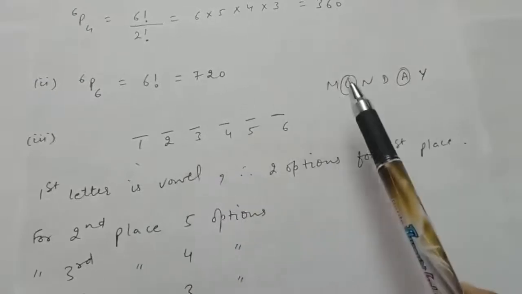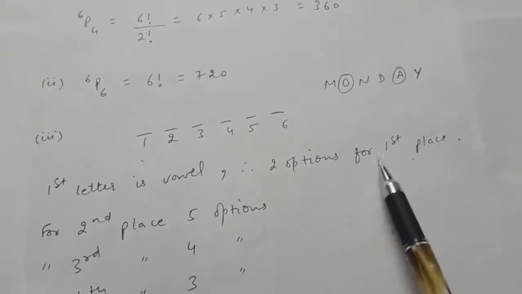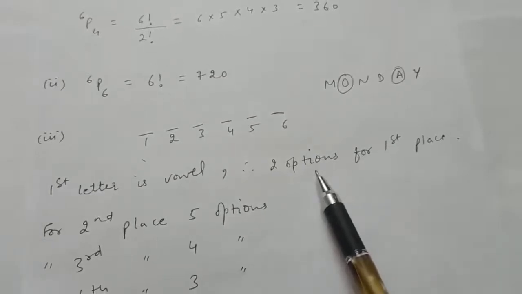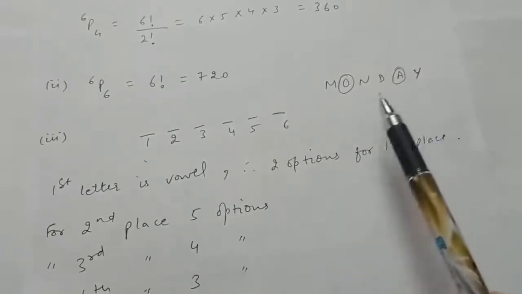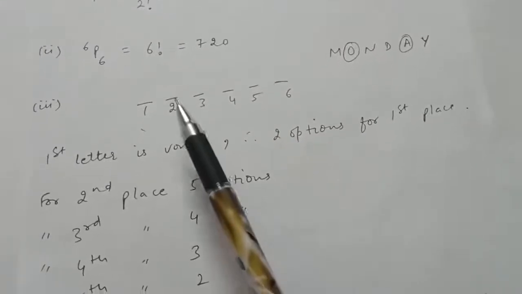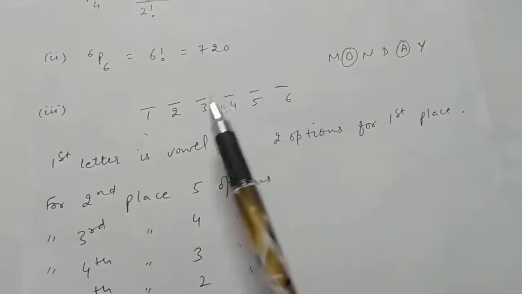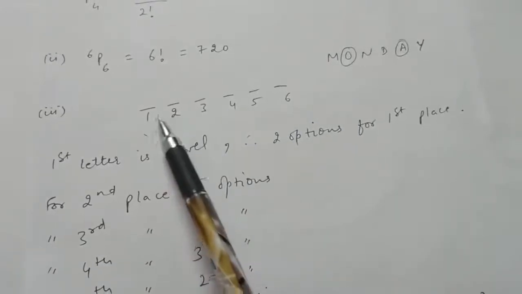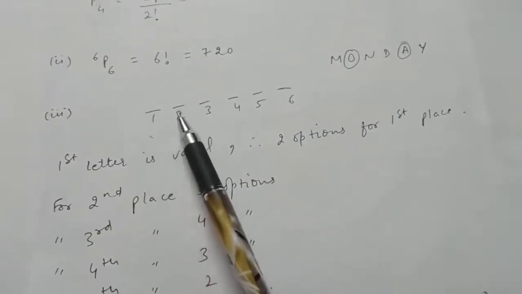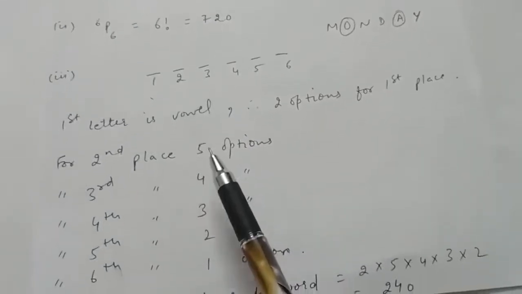In the word Monday you can see there are 2 vowels, O and A. Therefore for the first place we have 2 options, O and A. Now because letters cannot be repeated, for the second place, in total we have 6 letters and 1 letter has been used at the first place. Therefore for the second place we have 6 minus 1, 5 options.